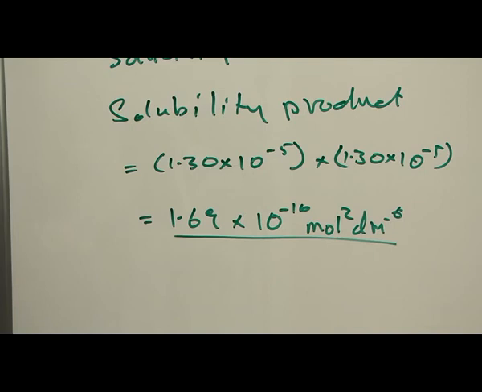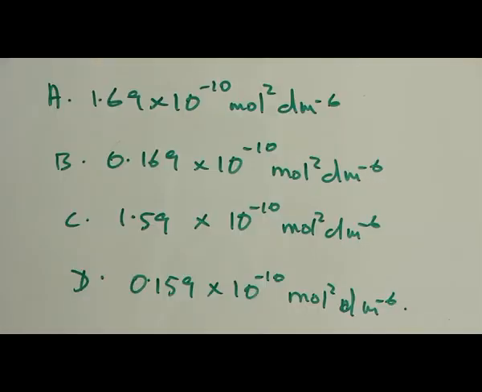Let's go over to pick the correct option. From the solution as seen on the board, the correct option is 1.69 times 10 to the power minus 10 mole squared dm raised to the power of minus 6.